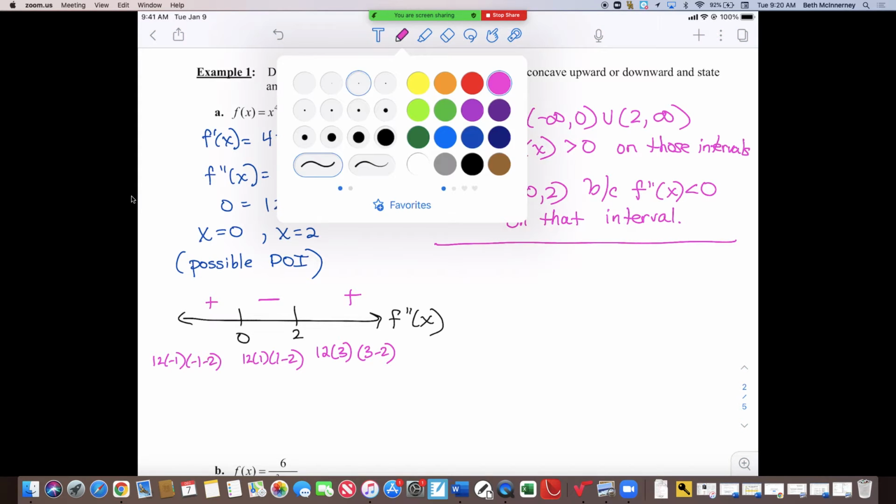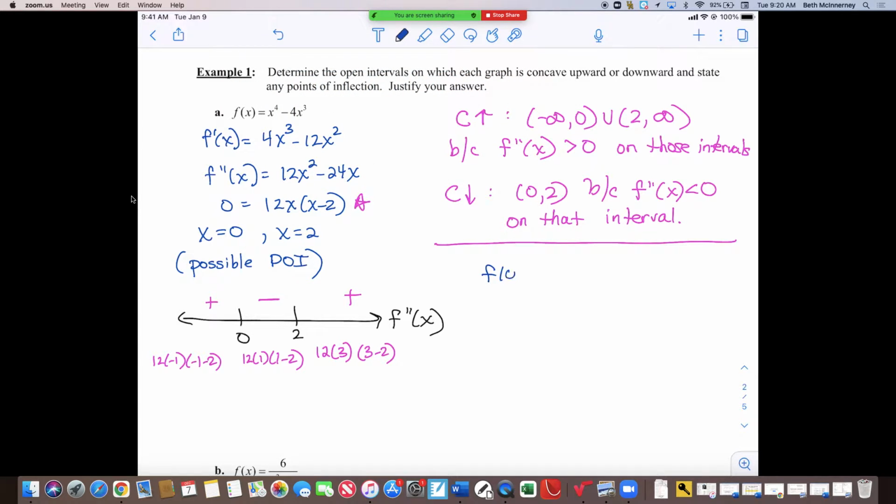So what we're going to do is find f of 0 and f of 2. So that's 0. And when I do 2, that's 2 to the 4th minus 4 times 2 cubed.